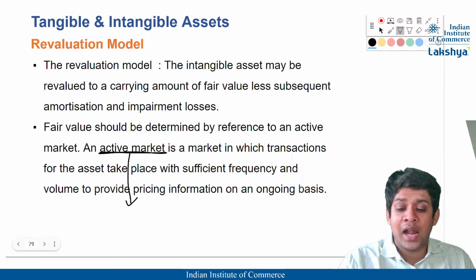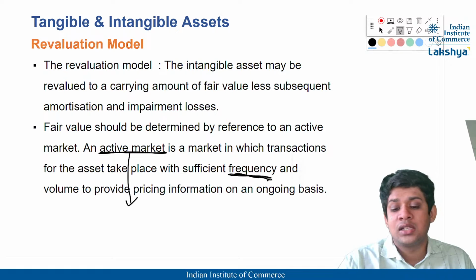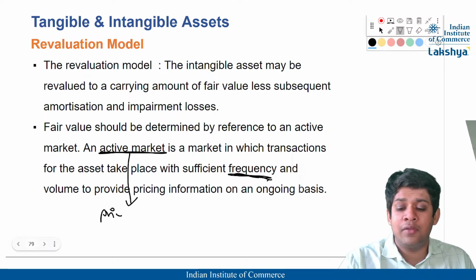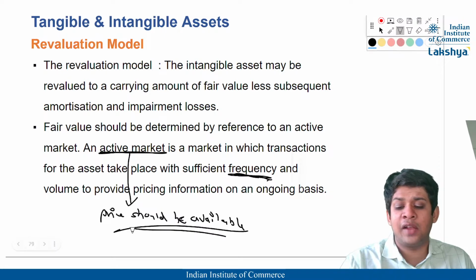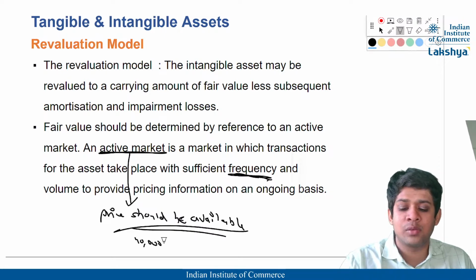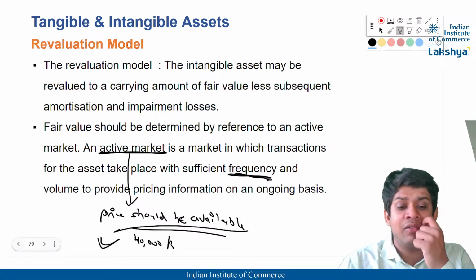And secondly, an active market should have frequency. Secondly, the prices should be available. An iPhone 13 that is one year old is sold for 40K, and those prices are known to everyone in the market.